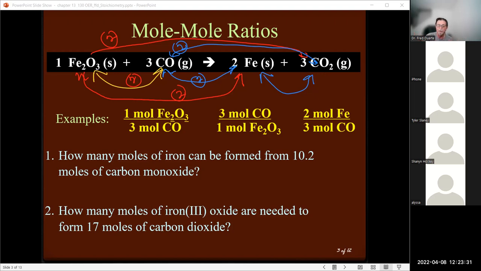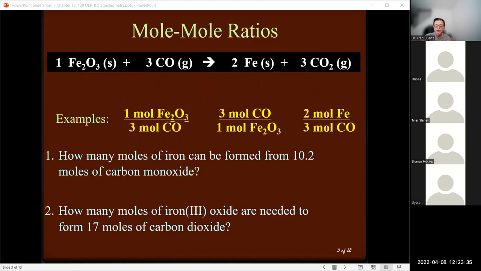Now, when it comes to the question and figuring out which ratio you need, you have to read the question carefully, and you only have to deal with what the question is asking for. For example, the question says here, how many moles of iron can be formed from 10.2 moles of carbon monoxide?